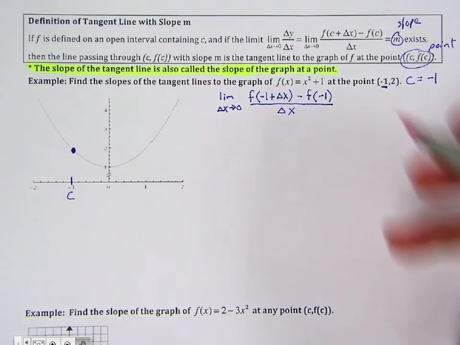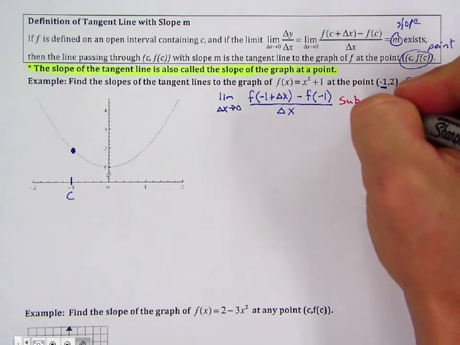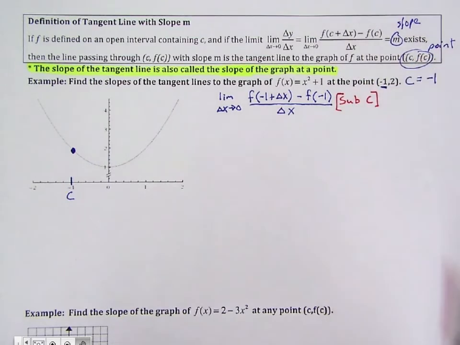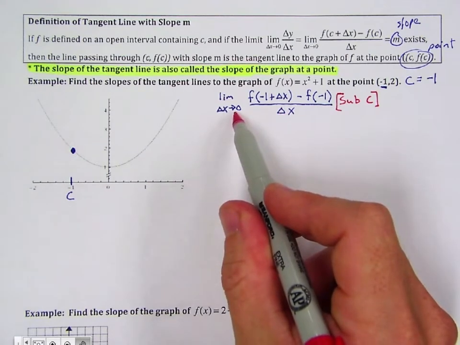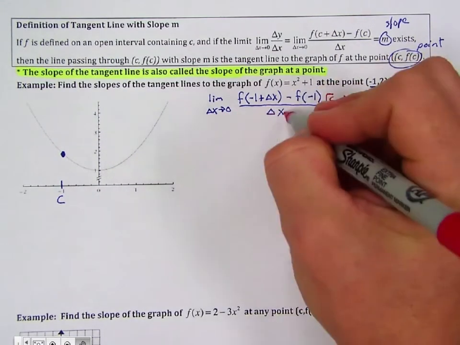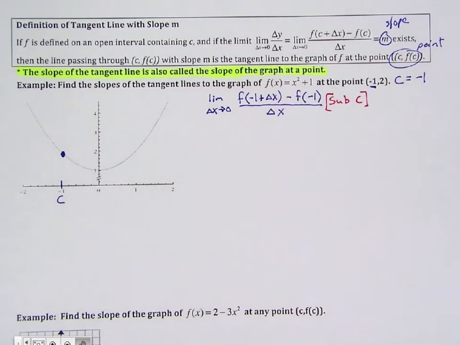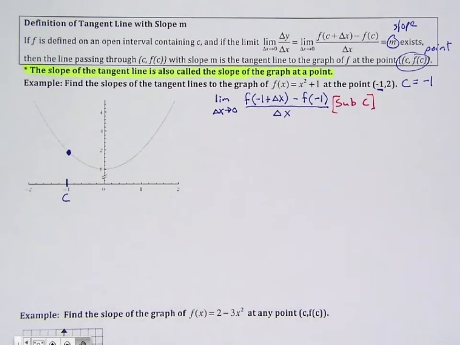So our first step was to substitute c. Now to find this limit, why can't we just use direct substitution? Well, if you see, we could put 0 in down here, and that would give us an error. So we can't just use direct substitution. So we are going to have to work this out as we go.